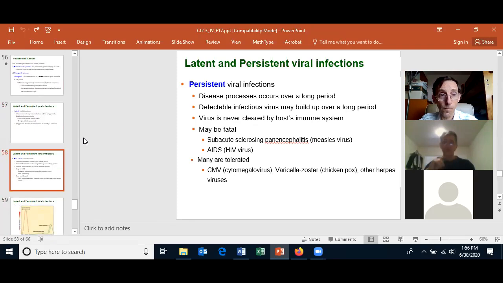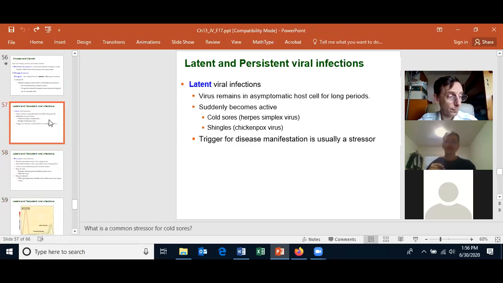Yeah, quick one. The latent life cycle is also the lysogenic cycle, right? No, lysogenic is only for a bacteriophage, a bacterial virus. So a virus that's in the latent life cycle is only an animal virus.